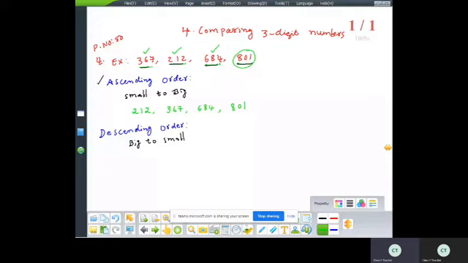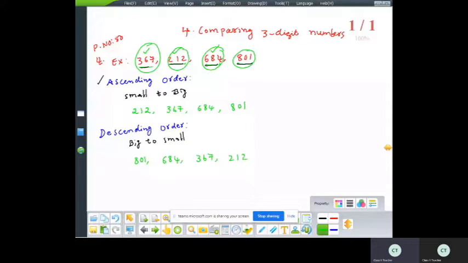Next, 684. And next 367. And the final number is 212. Or descending order is the reverse of ascending order, that is the reverse process.